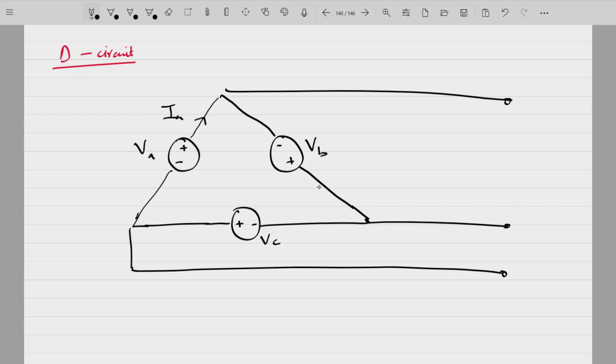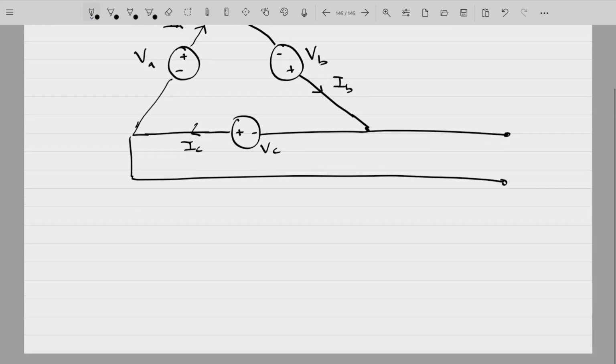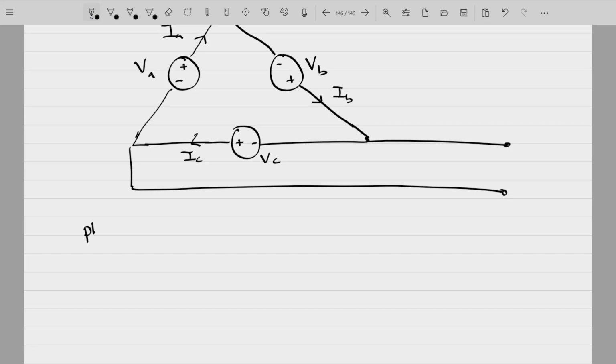IA, IB, IC are the three phase currents. We have phase voltages here, VA, VB, and VC, and we have phase currents.